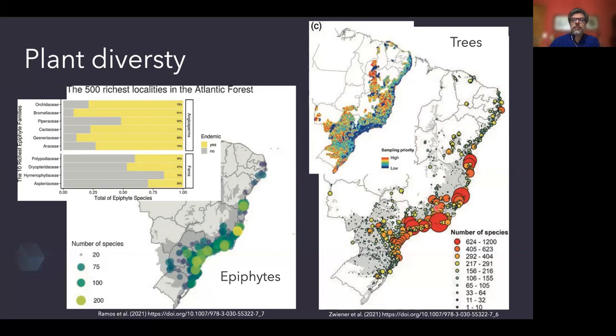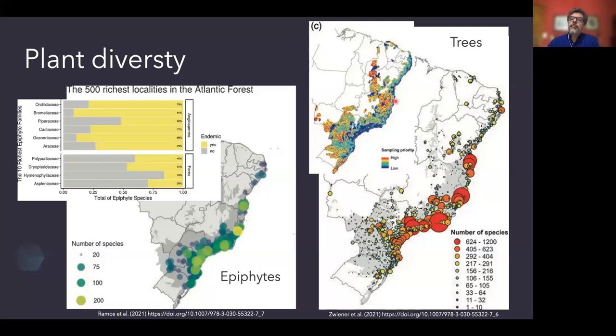There might be a bias here for the number of people studying trees in those places, but anyway, this also has to do with the elevation gradient, because in this area, on the border between Rio, Minas Gerais, and São Paulo, you have two mountain ranges: the Serra da Mantiqueira inland and the Serra do Mar along the coast. You have a really steep gradient, and different species occupying the highest part of the mountain and the lowest part.